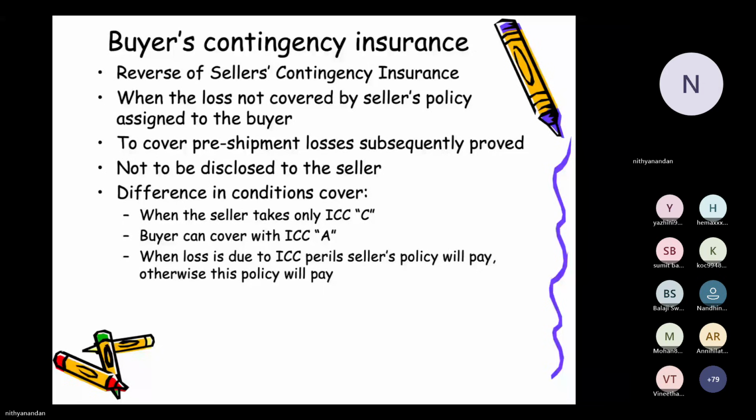Suppose the seller has taken only ICC C, the buyer may want to cover the entire risk, so he may go for difference in coverage cover only. So the coverage difference between ICC C and ICC A may be taken by the buyer. That is also possible. Even though there is a policy, the difference in cover can be taken by the buyer.